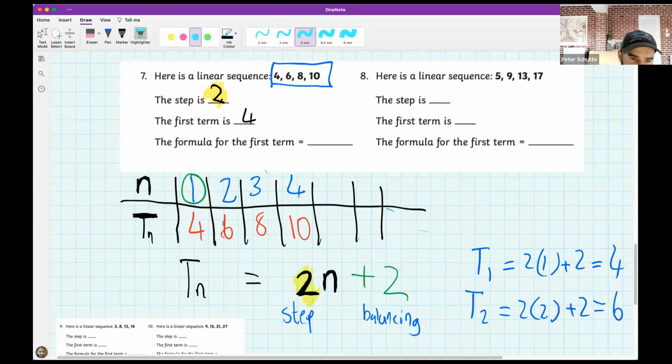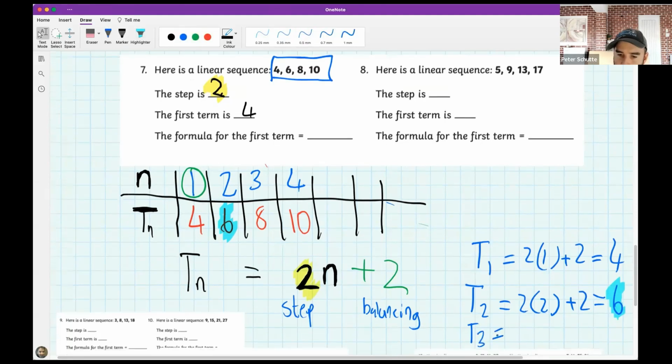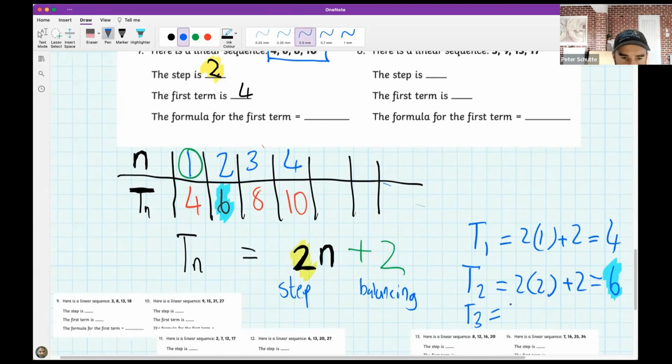That's good news because the second value was 6 over here. And then let's just make sure that my formula definitely works. T3, or term number 3, I'm going to go 2 times 3 plus 2, and that should give me 8.